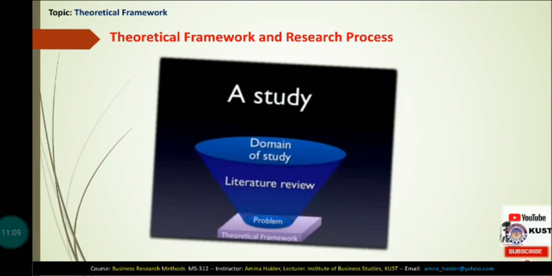After choosing the domain of your study, you would be moving towards the literature review. You will be examining the literature in that area, the current articles and the old articles. The more you study the current articles, the more you will know the critical problems that are under discussion.